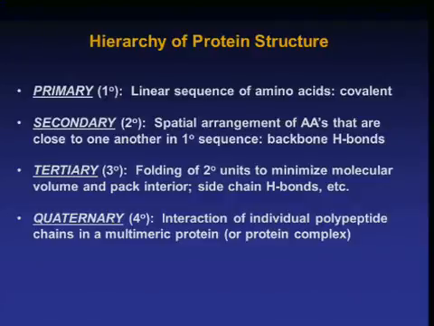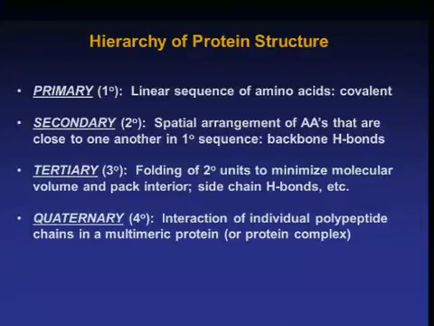When we look at them, you'll see that they are stabilized through hydrogen bonds with backbone atoms. So secondary structures are not being stabilized by any hydrogen bonds involving the side chains.